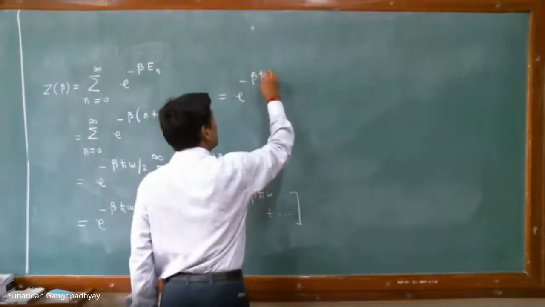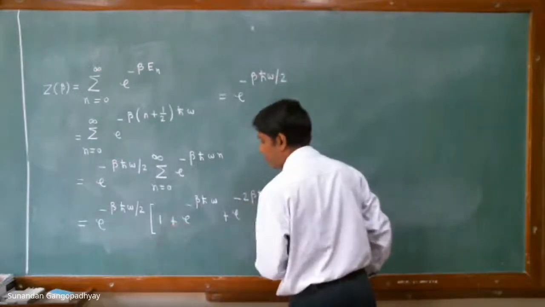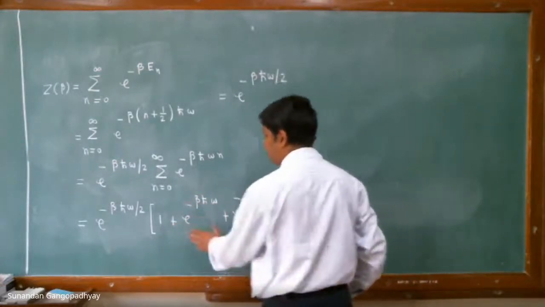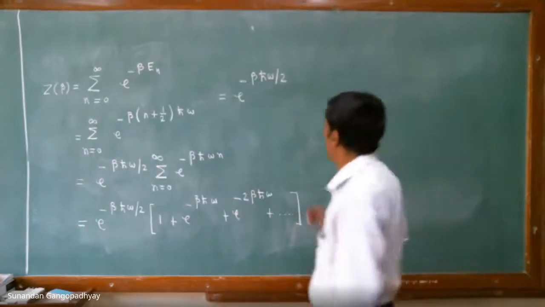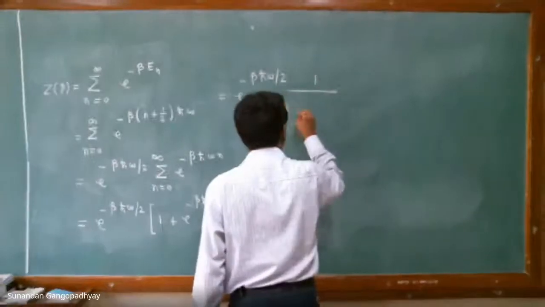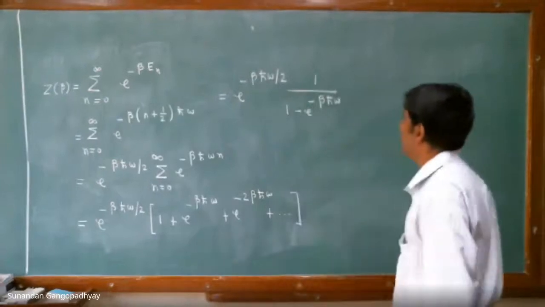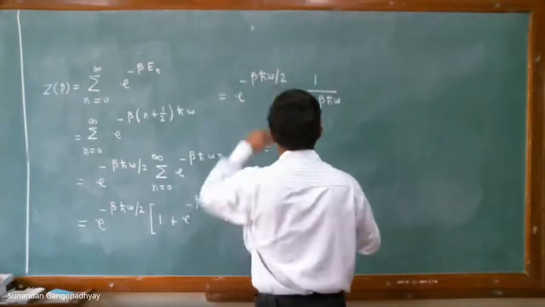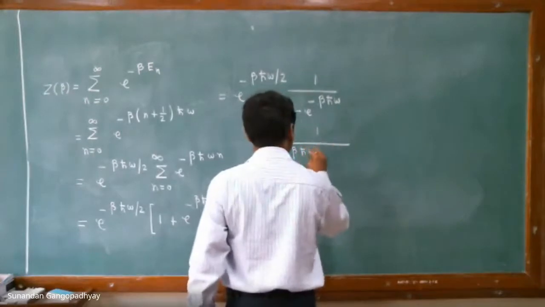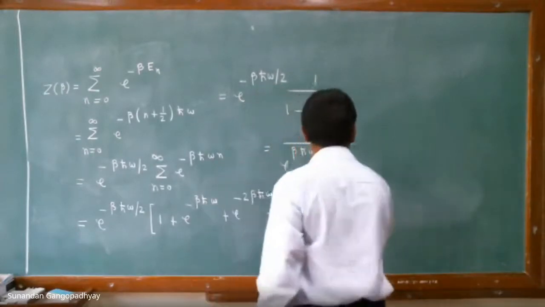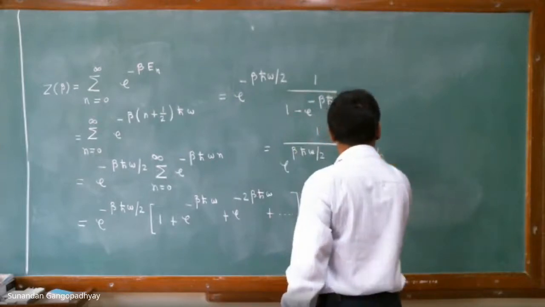e to the power of minus beta h bar omega by 2. And this is an infinite GP series, geometric progression series. The common ratio is less than 1 obviously, because it is an exponentially decaying factor, and therefore this is 1 minus this. If I pull this down, this will give us e to the power of beta h bar omega by 2 minus e to the power of minus beta h bar omega by 2.